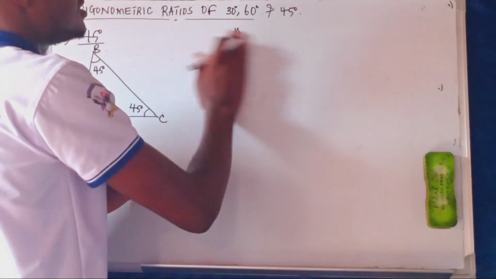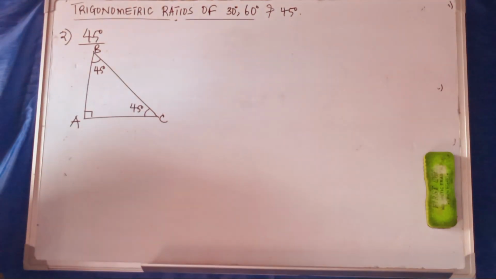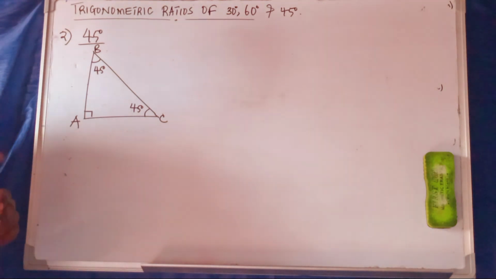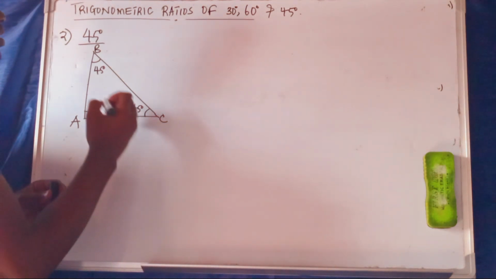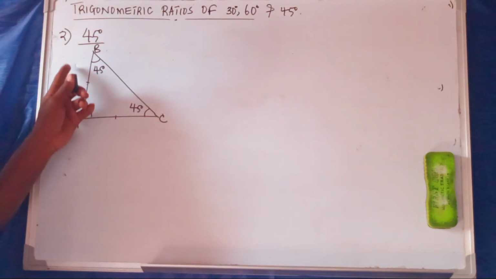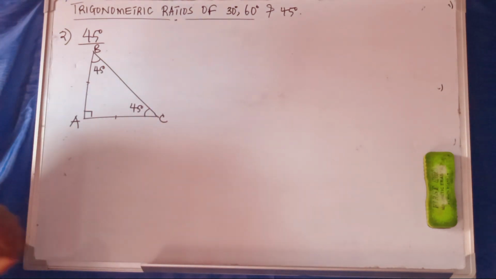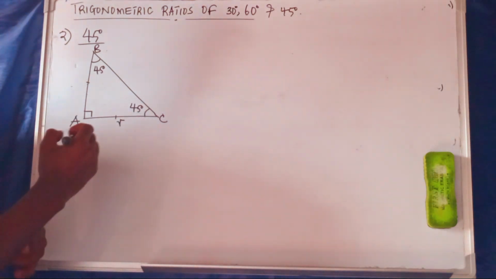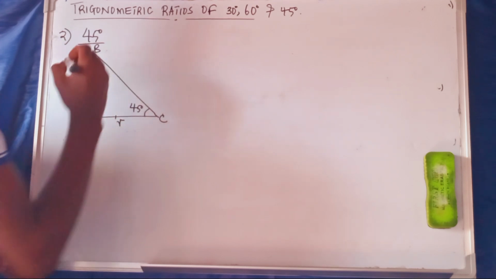So that is the first step. We have established the triangle. What do you see on this triangle? Do you realize that the triangle is isosceles? The two opposite sides are equal. Since the angles here are equal, then these sides must be equal. That is very important. So if this side is R, also this one is R.